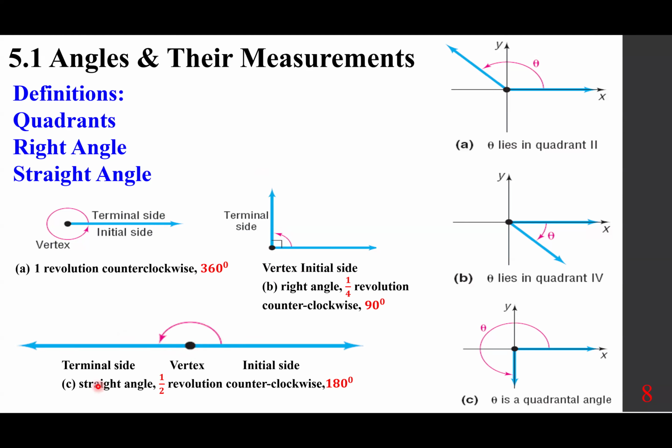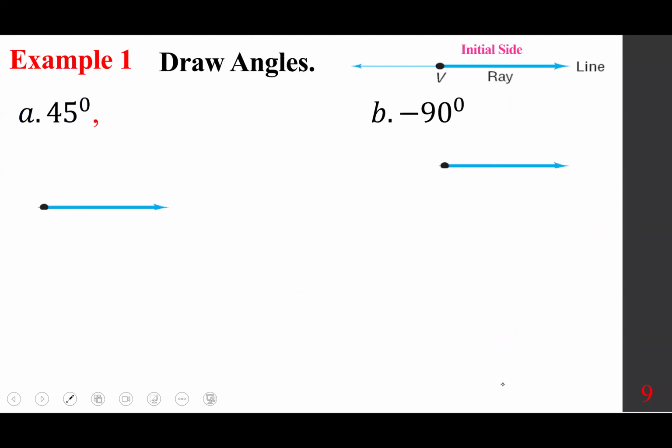So a straight angle, half of a revolution counterclockwise, or 180 degrees. And of course, this one is 270 degrees. Very straightforward, everybody.